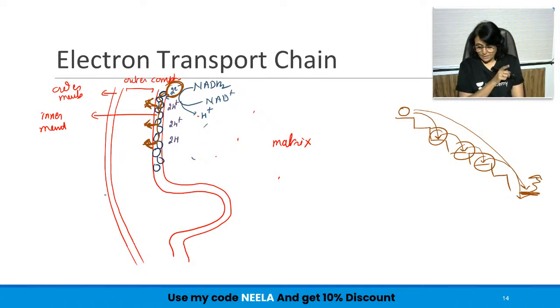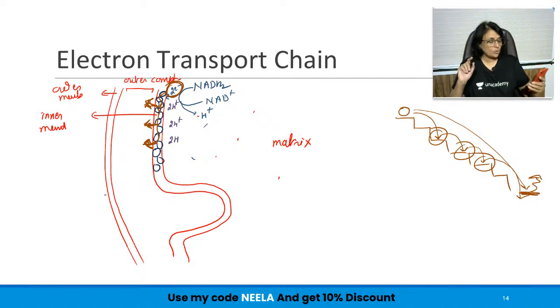Are you getting it? Is this much part clear? Because this is just the basic. If this basic part is clear, then we will come to the actual electron transport chain, which is going to look a little complicated. Are you getting this point which I'm trying to tell you?